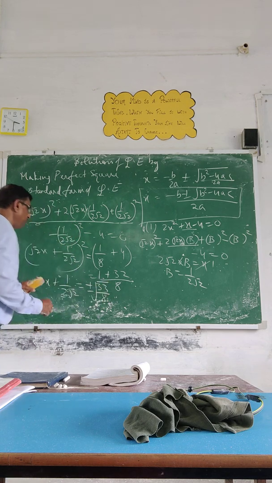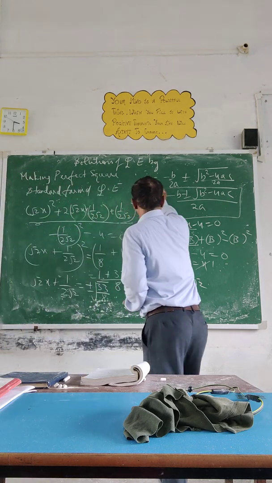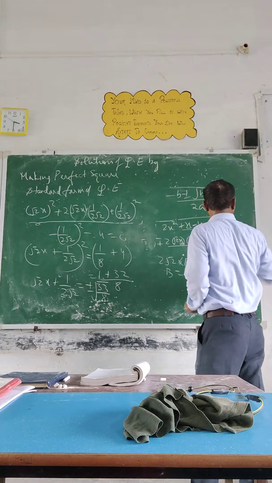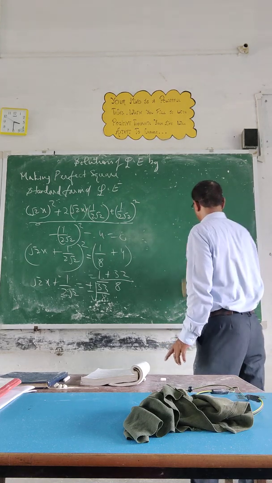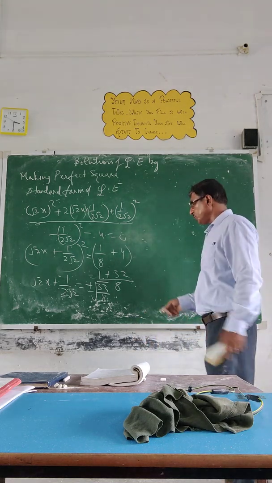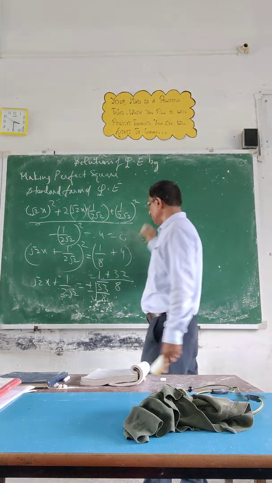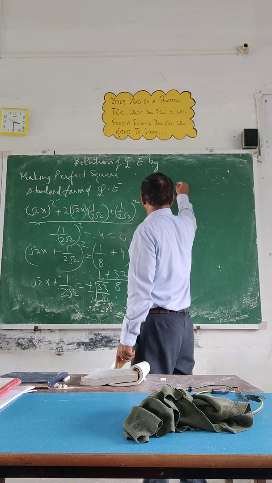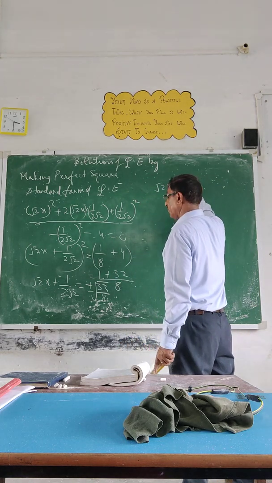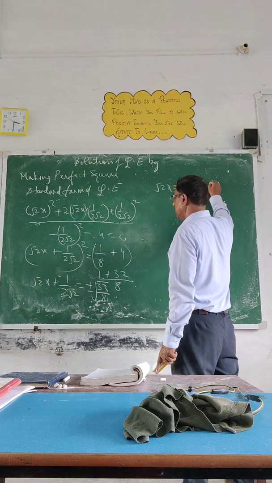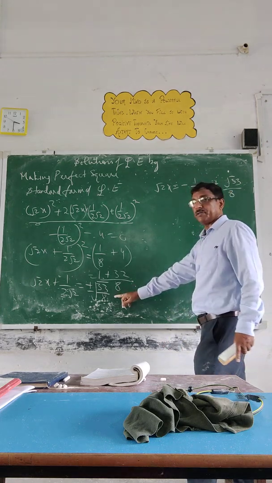Since we have taken the square root, so what will you get? Now see children, you are getting, write it clearly so that you can understand. You get root 2x, shift this term this side. What will you get? Minus 1 upon 2 root 2 and plus minus root 33 upon 8.